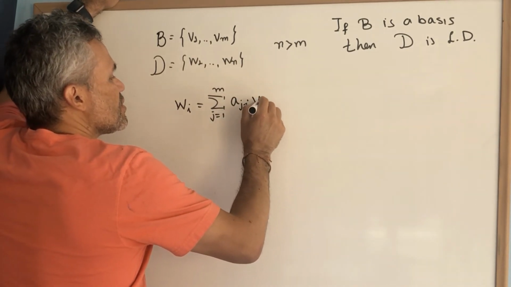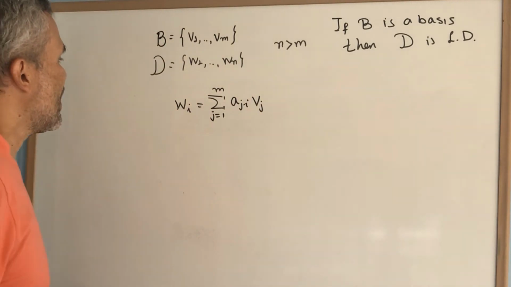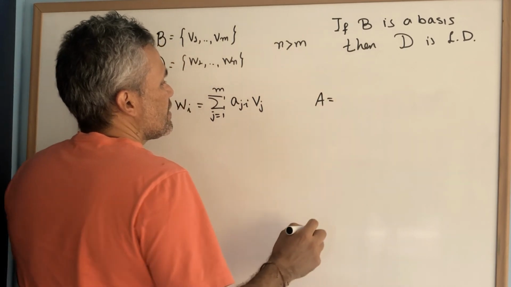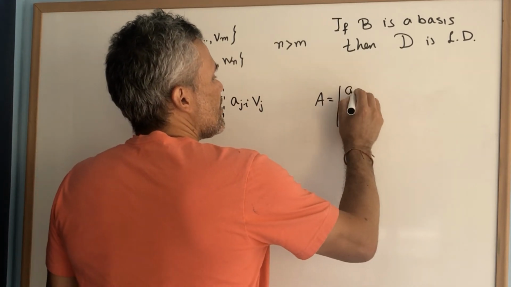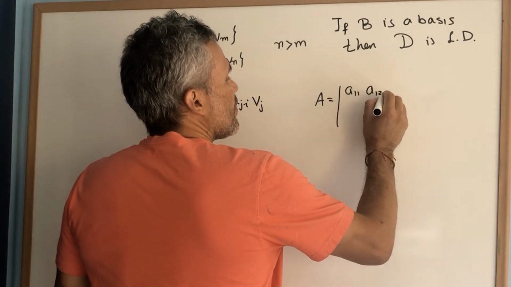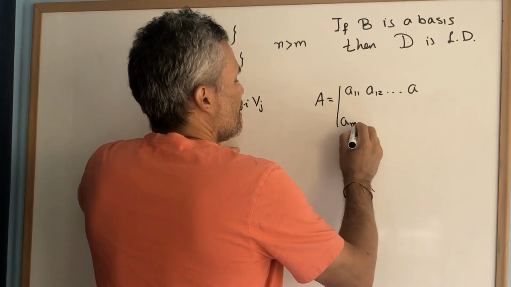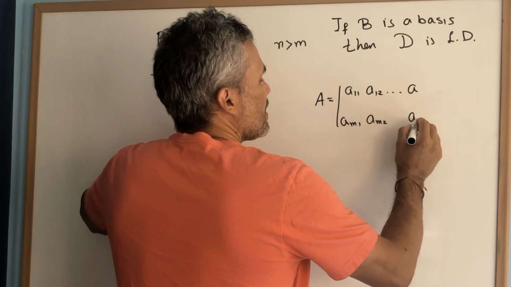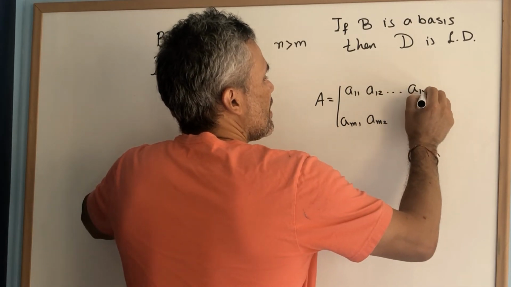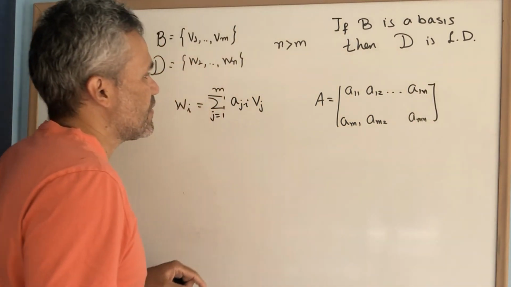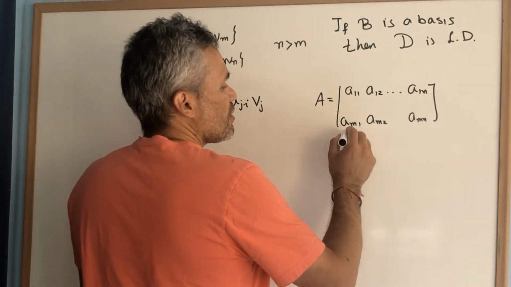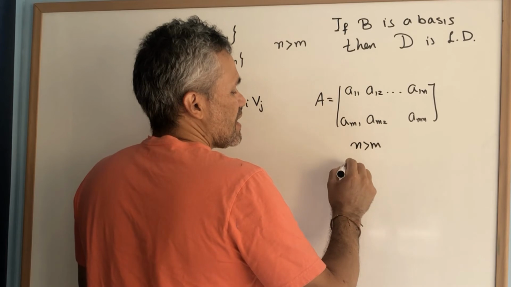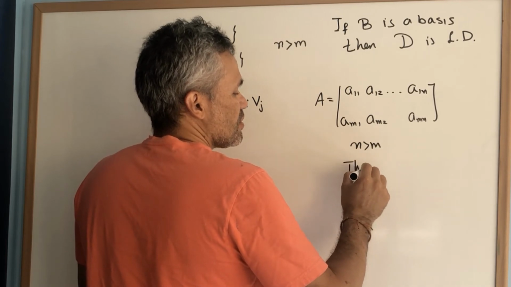And therefore, here we have a matrix A. This matrix, which is a11, a12, up to a1n, and down to am1, am2, amn. This matrix has more columns than rows, right? n is bigger than m. It means that there are more columns.